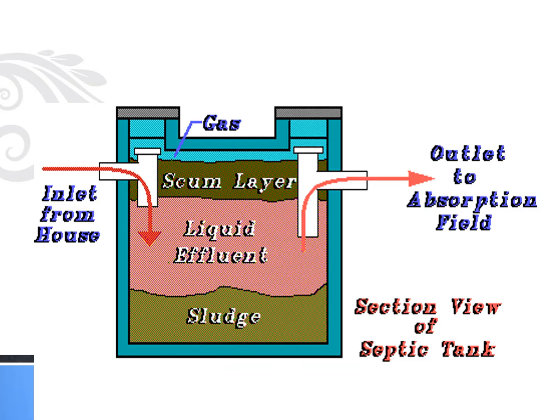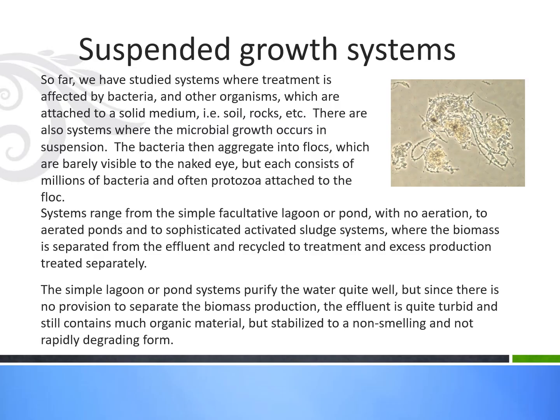Then septic tanks and suspended growth systems, in which the activated sludge process and facultative ponds are the examples. Earlier we talked about the attached growth system, of which the trickling filter is an example.